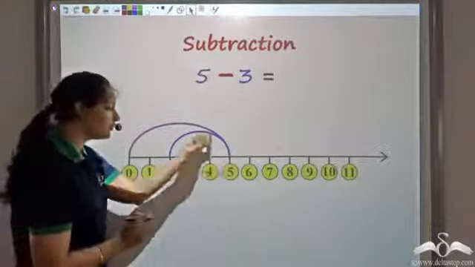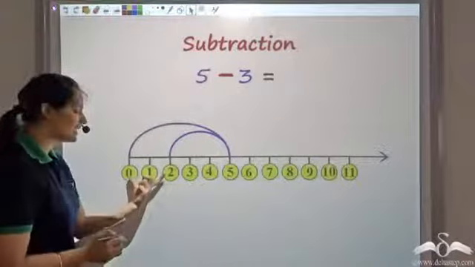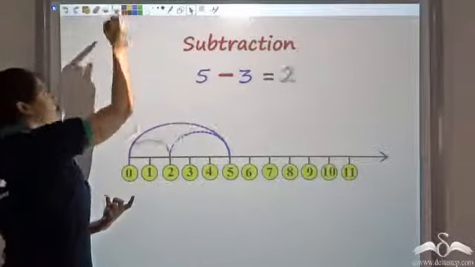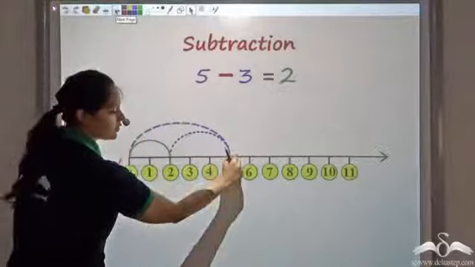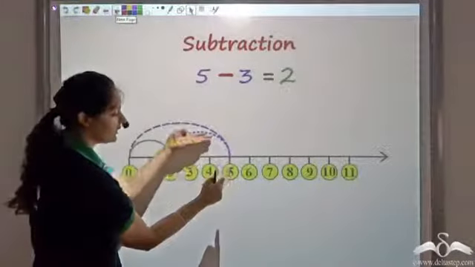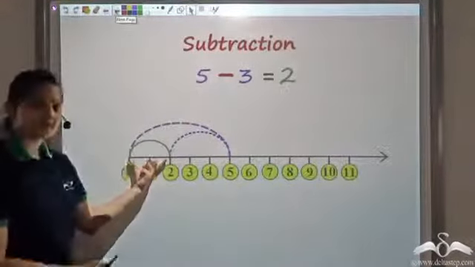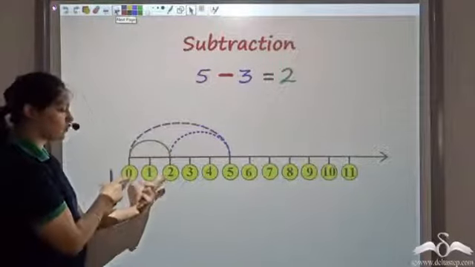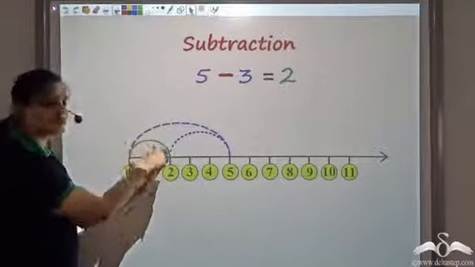So if I remove 3 from this distance 5, what I get is 2. So you can see this was 5, this is 3. Subtracting 3 from 5, you are left with this distance, which is 2. Distance from 0 to 2, this is the distance, which is 2.